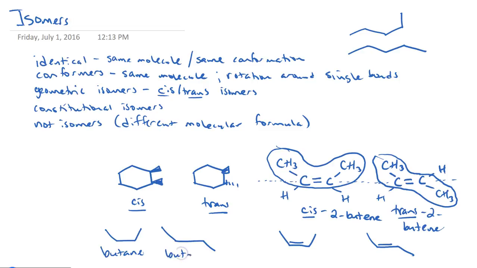This is butane. And these are the same molecule because you can rotate around a single bond to get this. But you cannot rotate around a double bond. So these two are both butane, so you would call them conformers. They're the same molecule with rotation around single bonds. But when you put the double bond in there, you restrict the rotation, so now you have geometric isomers. One of them is cis and one of them is trans.